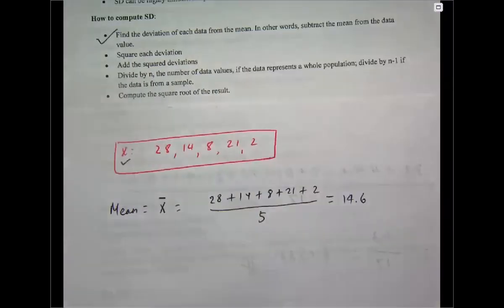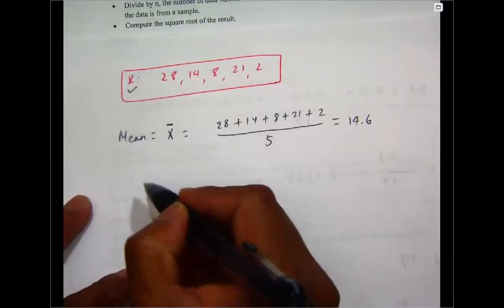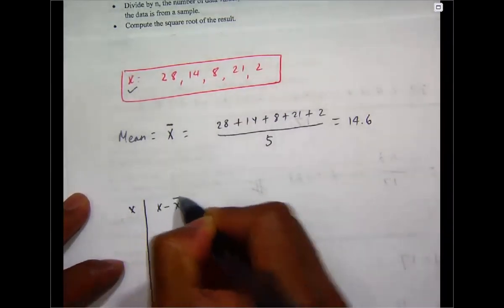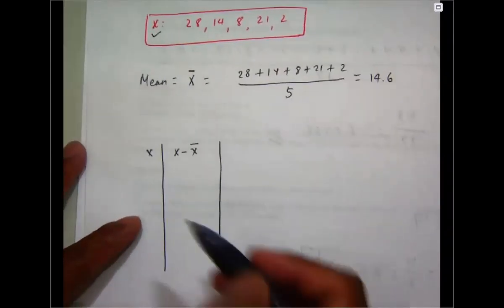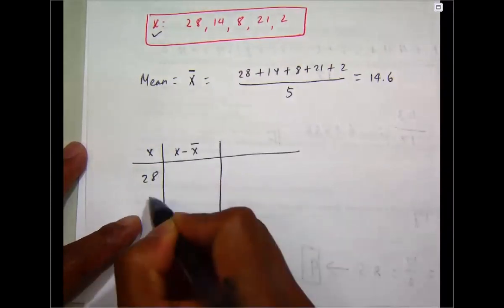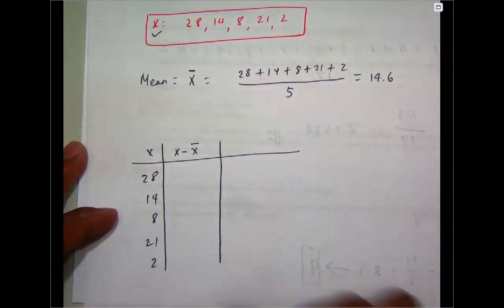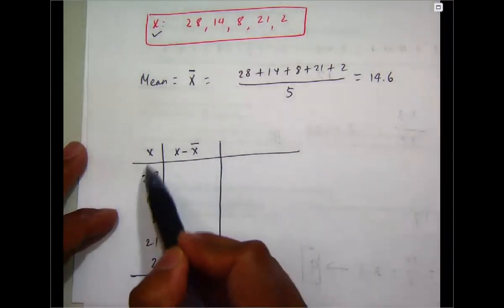We found the average, but we still need to find the difference between the average and the data. So we make one table here. We write down the X here and the difference between X and X bar. So X is, I'm just copying this data, 28, 14, 8, 21, and 2. I'm going to find the difference between this data and X bar.